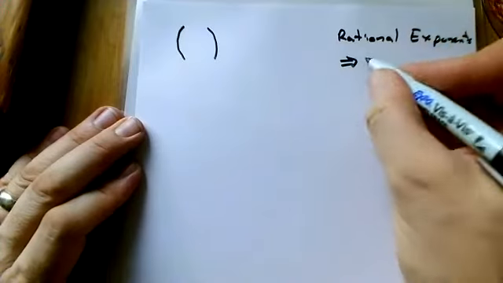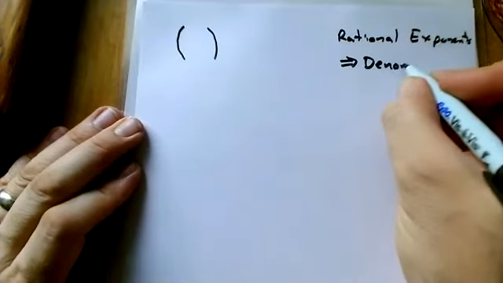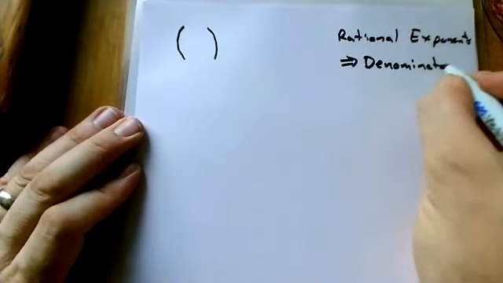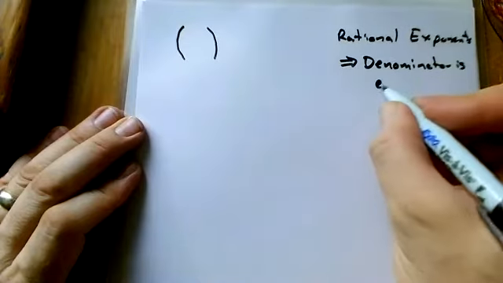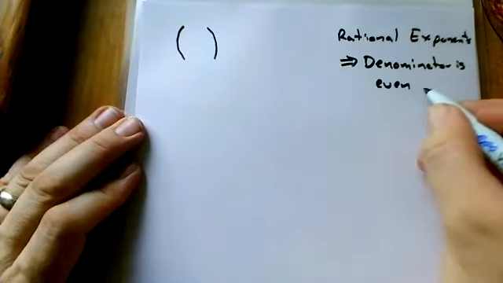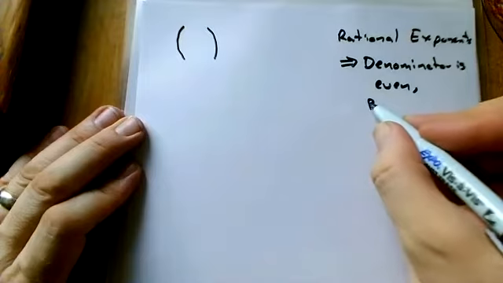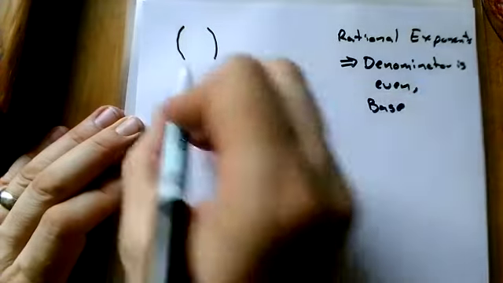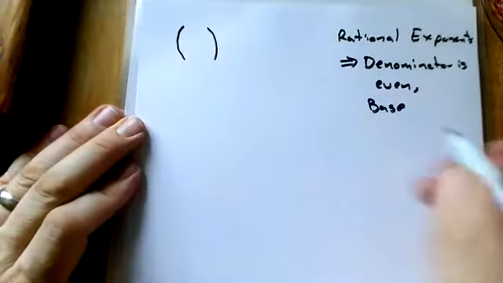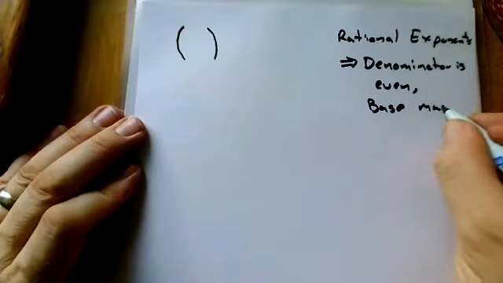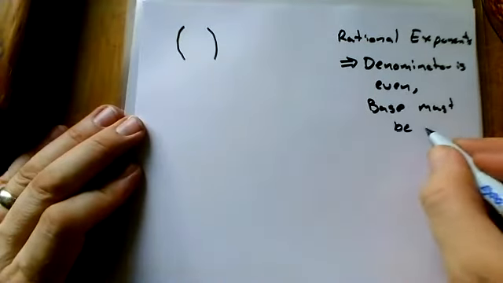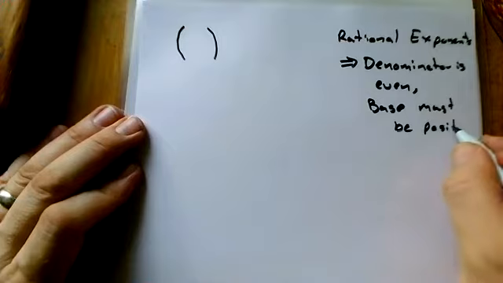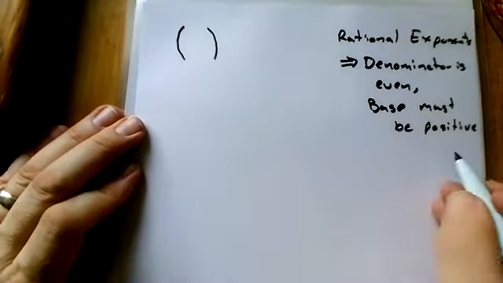If your denominator is even, then your base, which in this case is going to be anything inside that set of parentheses, must be positive in order to give us a real root.